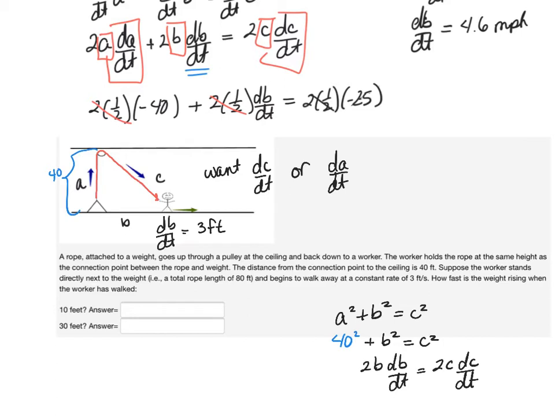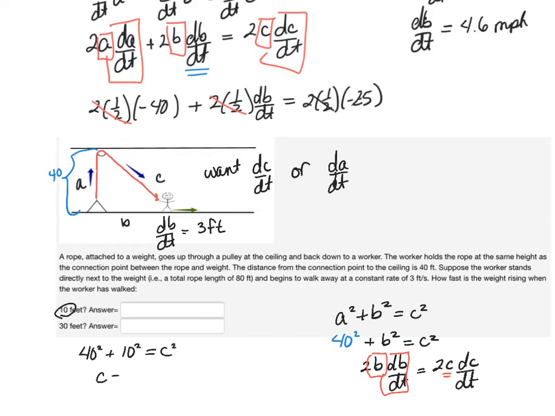Now we know what b is, because we want when we're 10 feet away. So we have a replacement for b, and a replacement for dB/dt. We do need to find c, and the way we're going to find c is to use Pythagoras, where a is 40, b is 10, and I'm just chasing c.